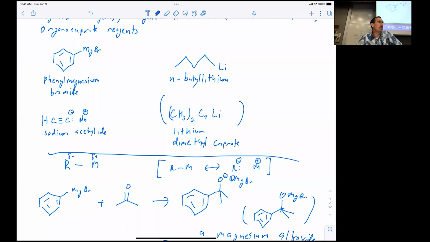And in fact, this is one of the reasons why organolithium compounds are generally so useful in synthesis versus, say, organosodium compounds. Organosodium compounds are very reactive, relatively unstable, much more ionic in character. And really only in the case of acetylides would one be using sodium. So lithium is the big crowd pleaser among the alkali metals, and magnesium is the big crowd pleaser among the alkaline earth metals. Does that help?